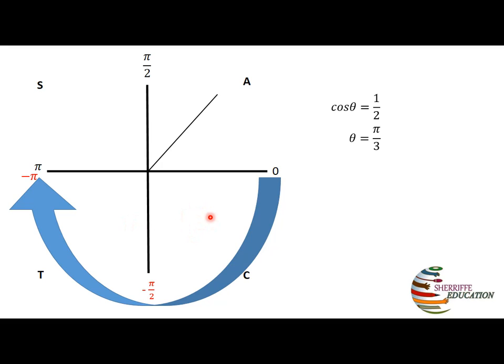Now, a key thing to remember is that we enter the quadrant from this horizontal axis here. So we enter by the acute angle that was obtained, we enter by pi by 3, and that gives us the angle negative pi by 3. So therefore, theta is equal to pi by 3 or negative pi by 3.